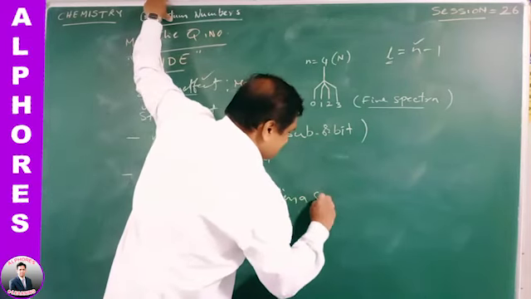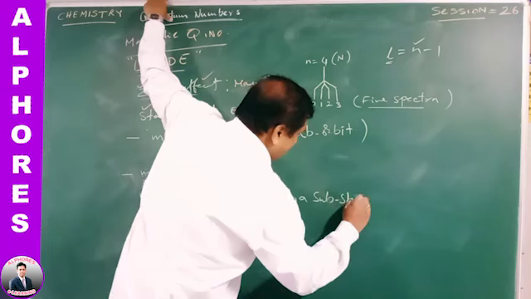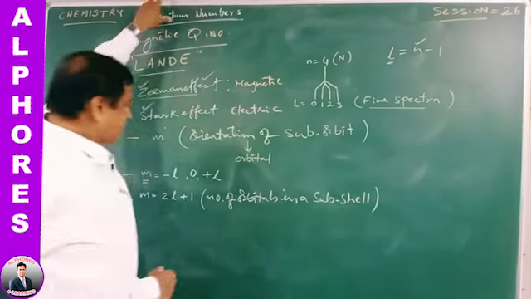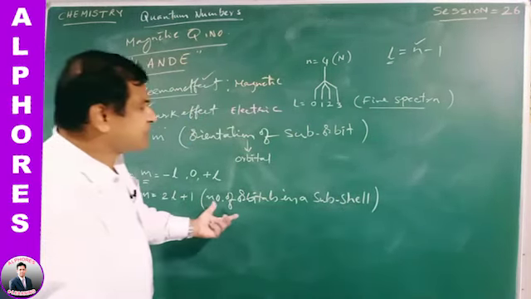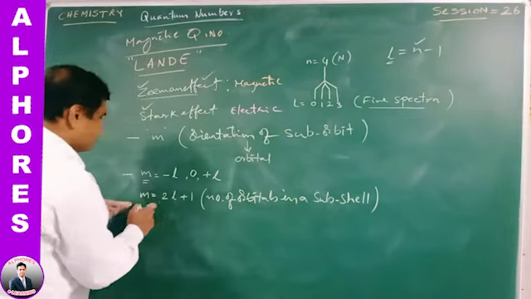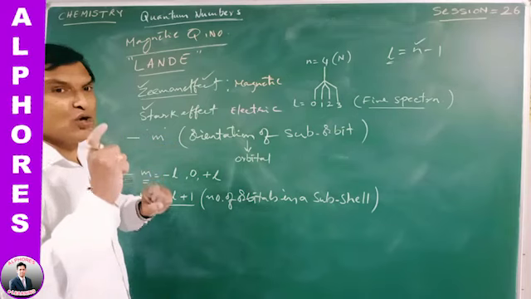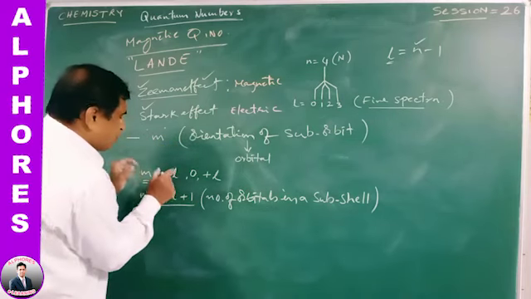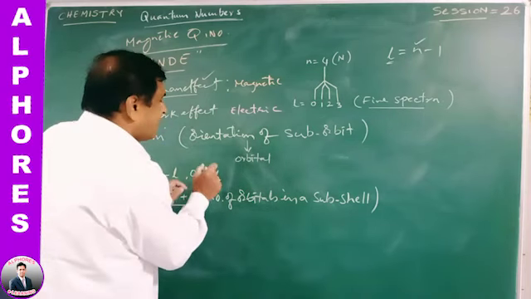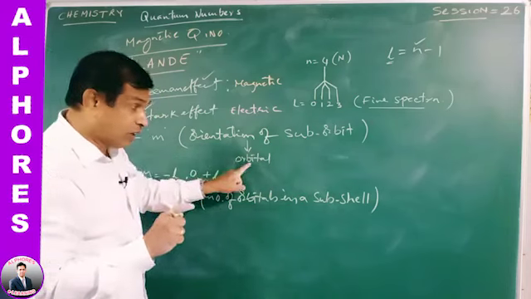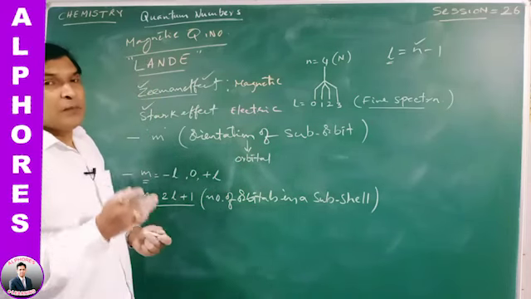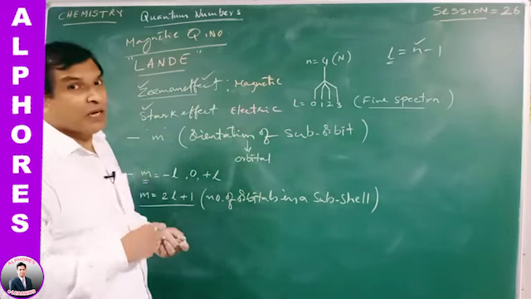So how many orbitals are present in a subshell? That equals 2L plus 1. Each orientation value indicates an orbital. As we know, the P subshell contains 3 p orbitals.